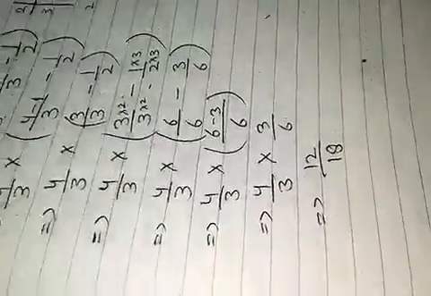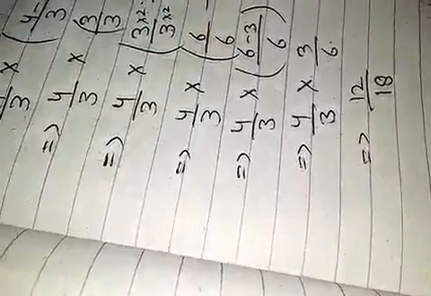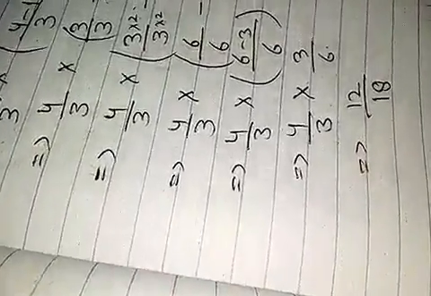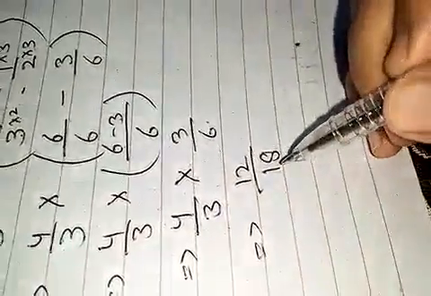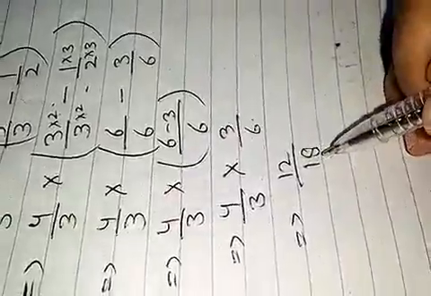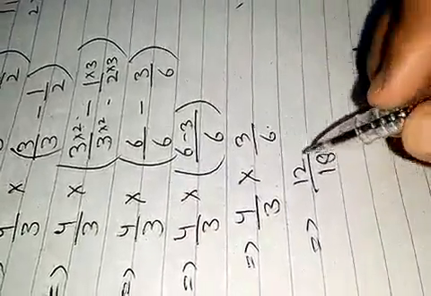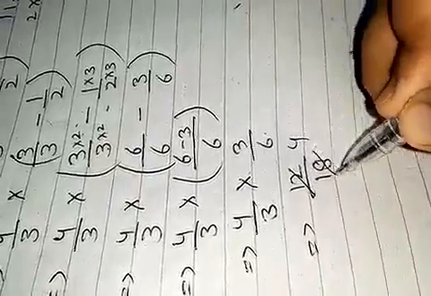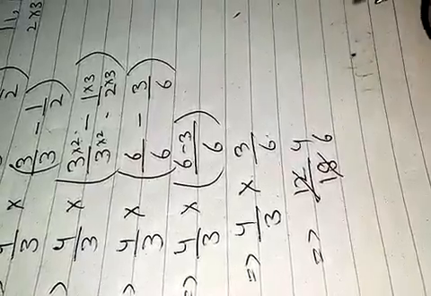Now we need to see if both numbers can be divided by a single number. In the first we have 12, and in the second we have 18. 12 upon 18, and 12 and 18 are both divisible by 3. So 3 4s are 12, 3 6s are 18.